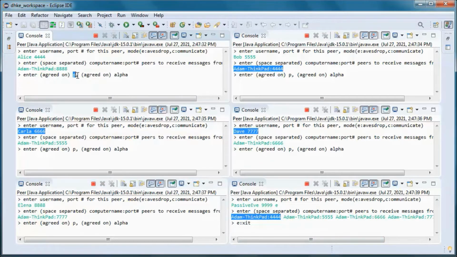And P here is prime, and alpha is a primitive root modulo P. Now suppose that Alice, Bob, Carla, Dave, and Elena agree to use P equal to 467 and alpha equal to 2.